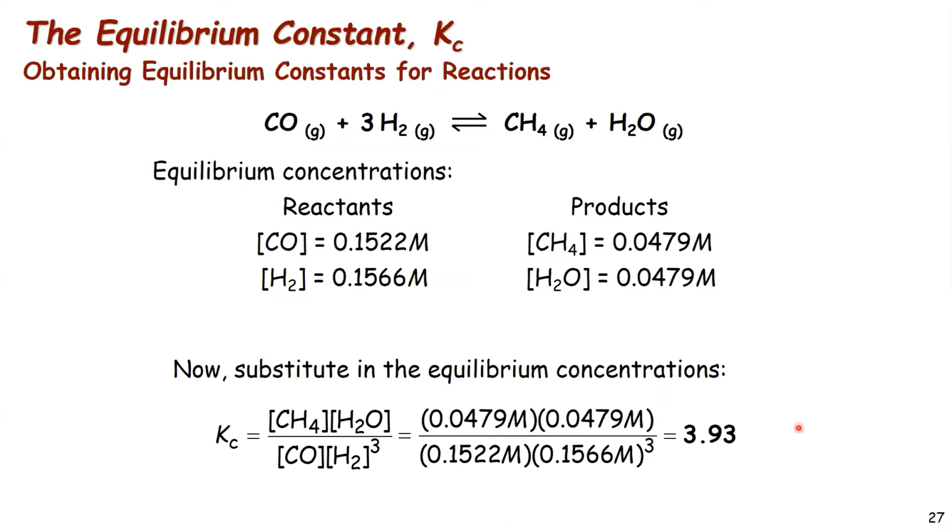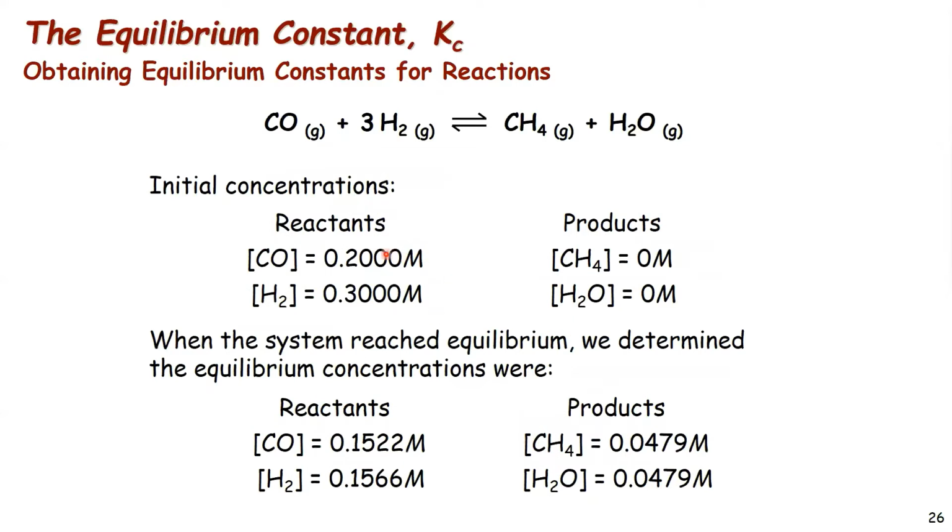Okay? Wait, so for those values, did you find those by doing an ICE table? No, we did the experiment. We went into the lab. We started off with our initial amounts. We put it in our reaction system. We waited for the system to come to equilibrium. So basically all we did is we just keep measuring the concentration of, let's say, carbon monoxide.